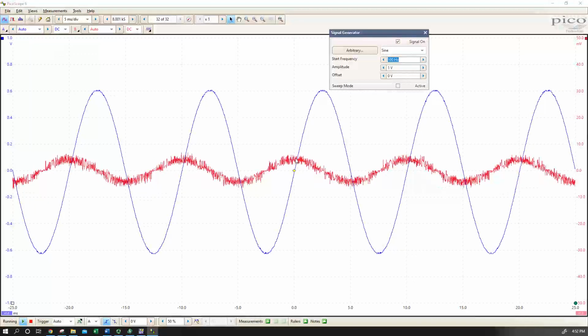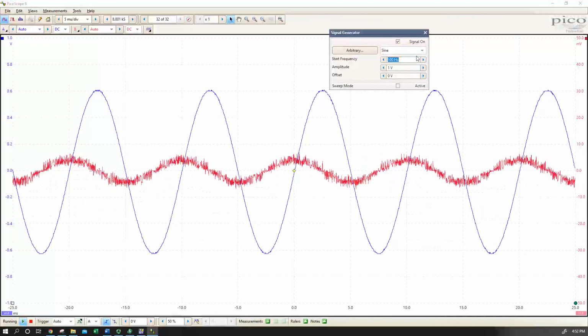So I'm starting with a very low frequency, and you can see I'm scaled up to 50 millivolts, looking at the voltage drop over my load resistor, and it's still pretty low and pretty noisy. So something like maybe 5 millivolts as opposed to 600 millivolts full scale over the whole circuit.